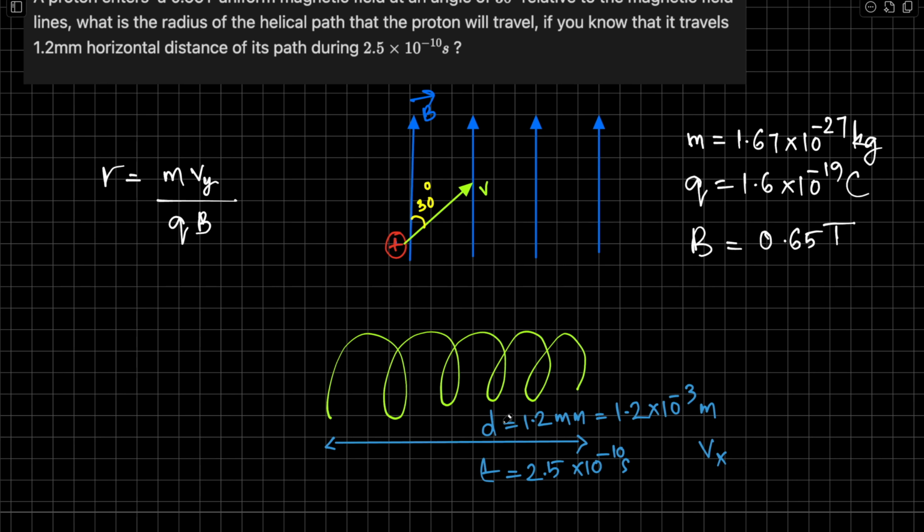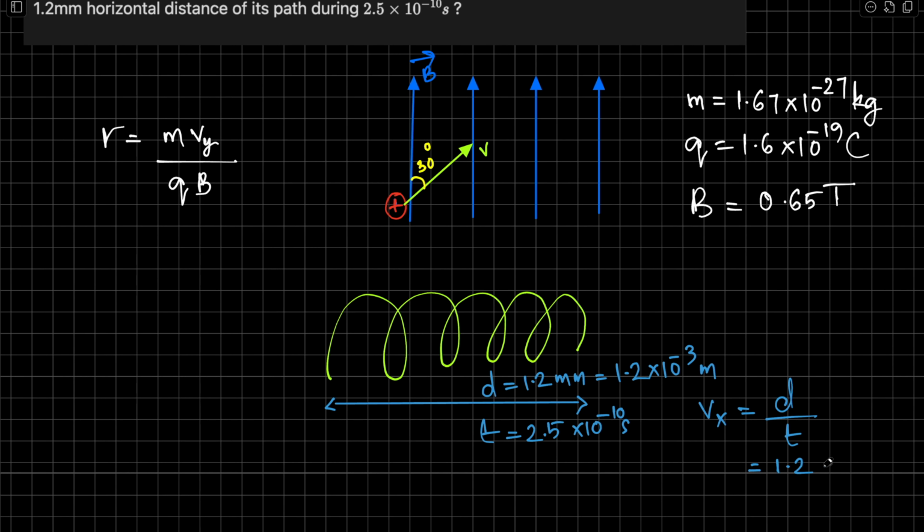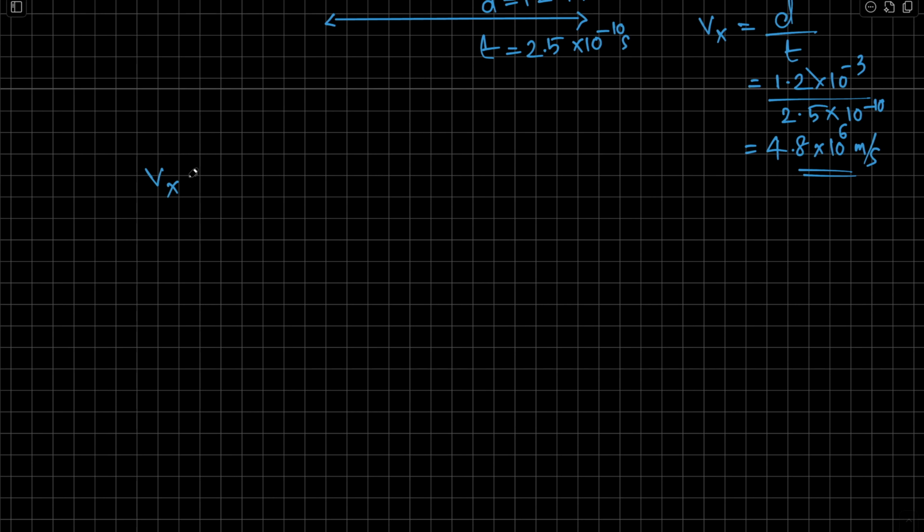If you divide the horizontal distance by the time taken, velocity is distance by time, you'll get the horizontal velocity, d by t. So 1.2 times 10 to the power minus 3 over 2.5 times 10 to the power minus 10, which is 4.8 times 10 to the power 6 meters per second. The x component of the velocity is 4.8 times 10 to the power 6 meters per second.